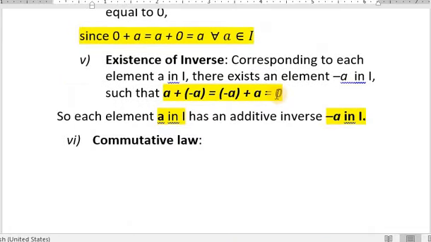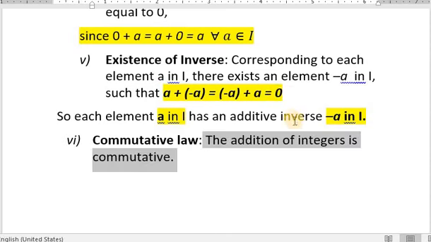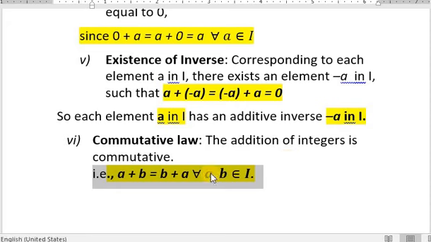Now 4 properties of the group have been satisfied. So (I, plus) is a group. Now to show that it is a commutative group, we have to satisfy the commutative law, that is, the addition of integers is commutative. See, if you add two integers a and b in any order, the sum is same.